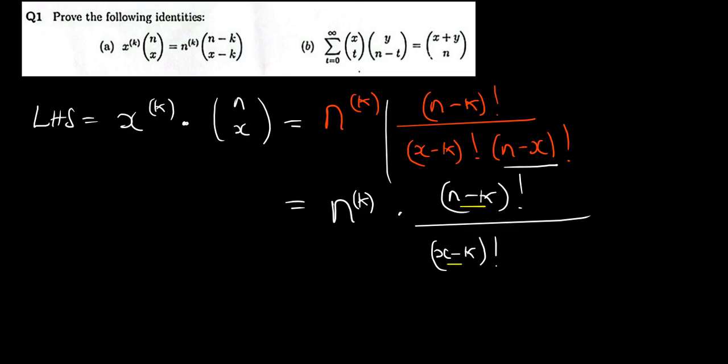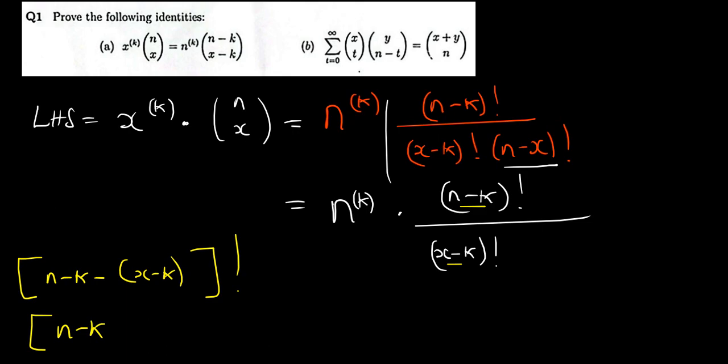So if I have n minus k minus x minus k and then factorial, what am I going to have inside here? It will be n minus k, then this minus multiplied by x, I get minus x. This minus multiplied by minus k, I get plus k factorial. We see that inside here, the minus k and the k are going to cancel. So what we're going to remain with there is just n minus x factorial.